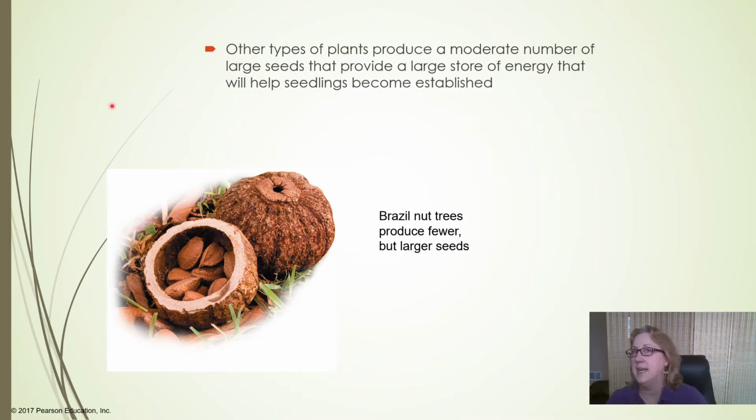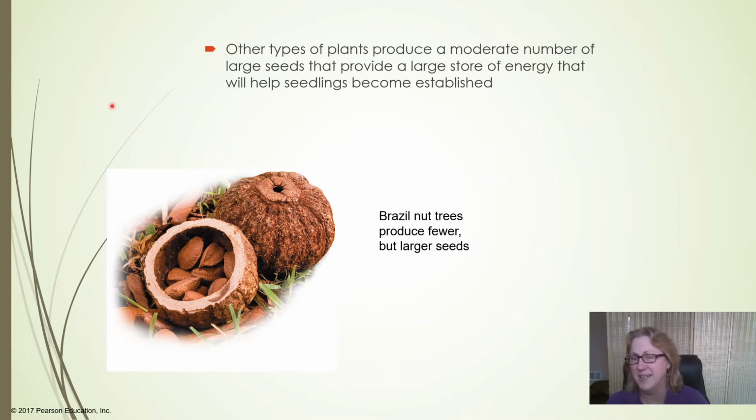So that's the same idea. Brazil nut trees are not going to have a massive population explosion because they don't produce as many offspring, but each individual offspring is more likely to survive.